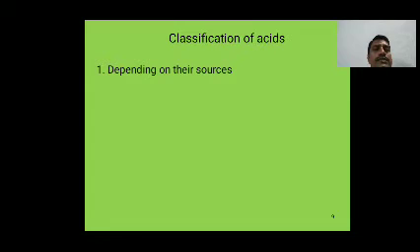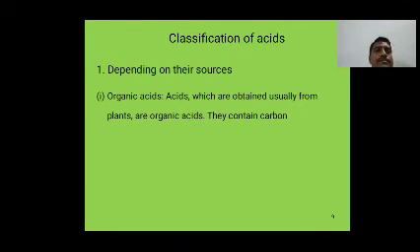Classification of acids depends on their sources. First, organic acids. Acids which are usually obtained from plants are organic acids.